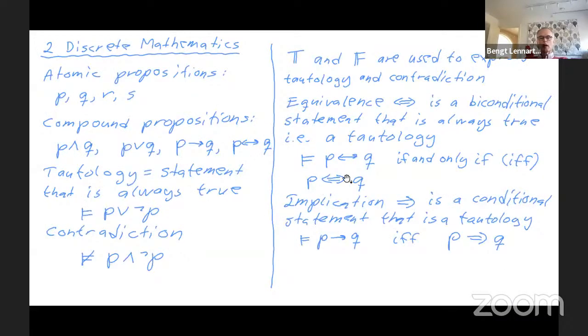In the same way, we can also note that an implication is a conditional statement that is a tautology. So P conditional Q and the fact that this is always true is denoted in this way.